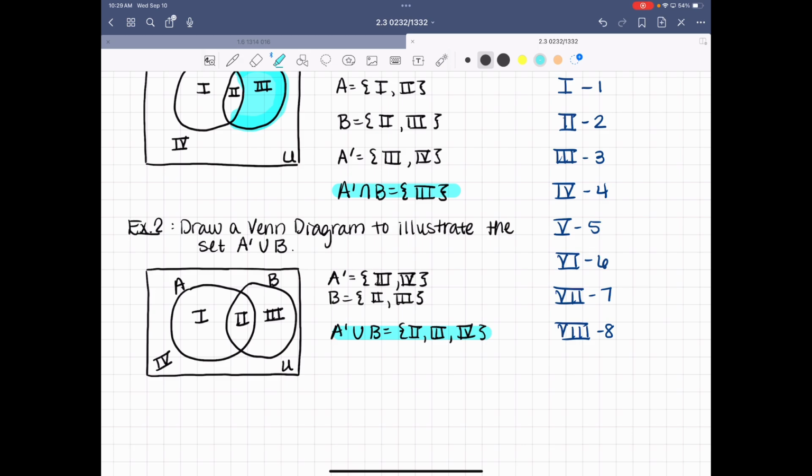If you are to shade that, then you just shade what you wrote. We got region 2. Region 3 is included. And then region 4. So that's all around.